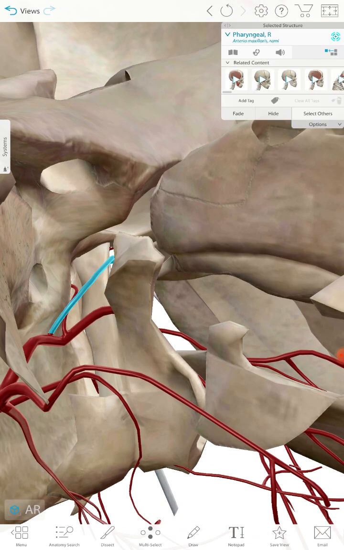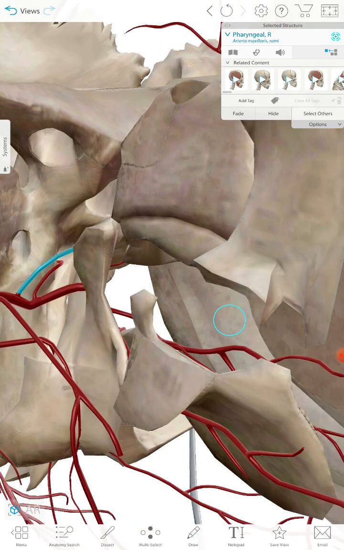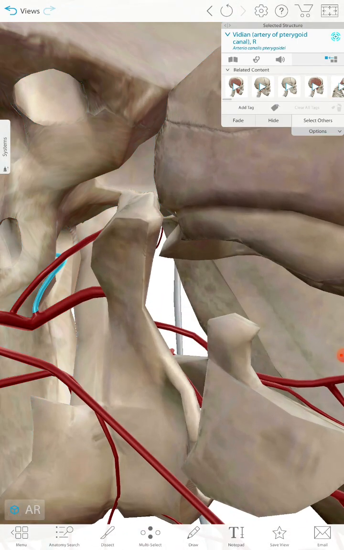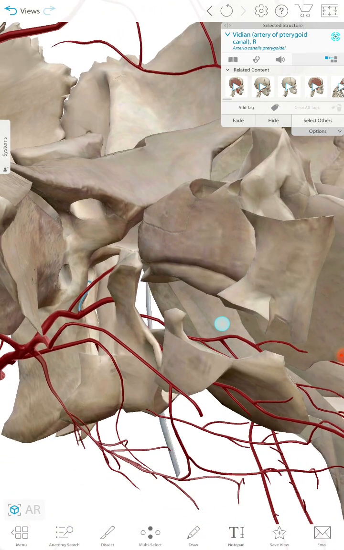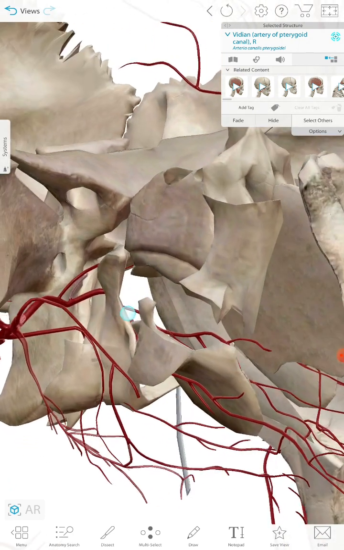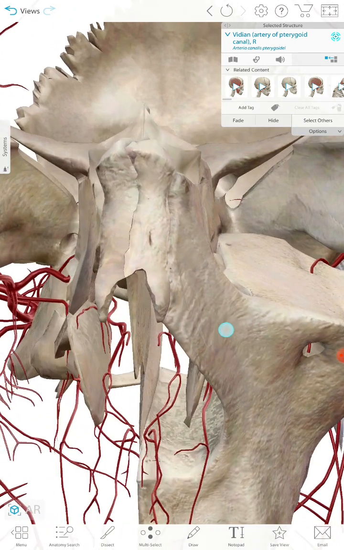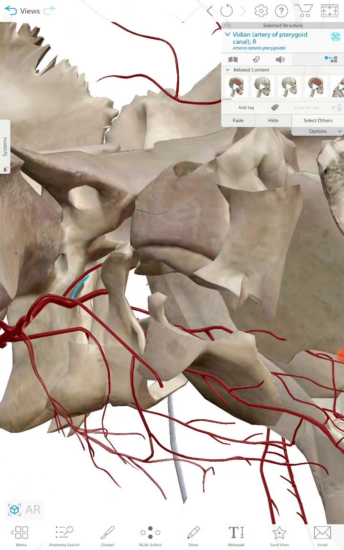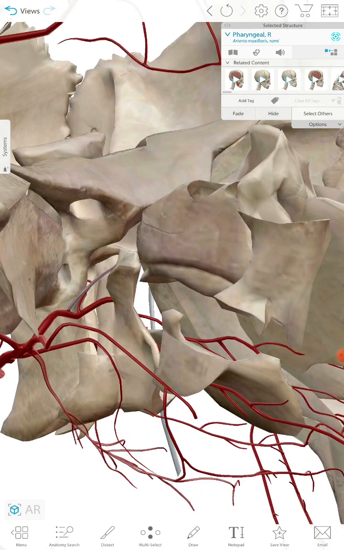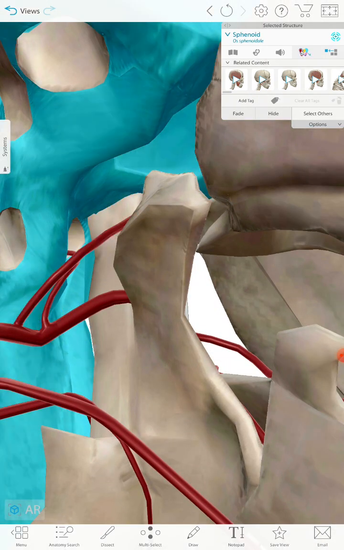Now this artery is the pharyngeal artery. This artery here is the Vidian artery, or the artery to pterygoid canal, and there's one more artery which is the infraorbital artery. I'll try to mark the infraorbital.